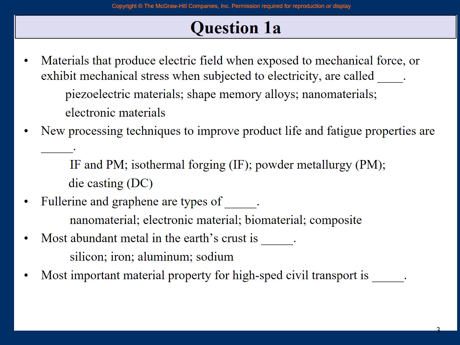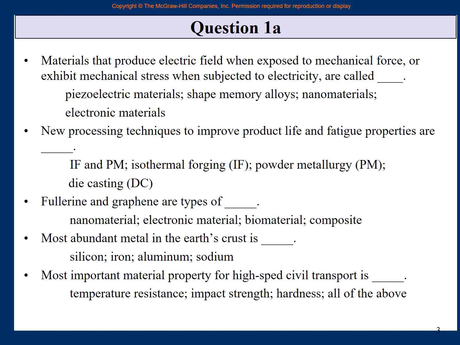Next question, most important material property for high-speed civil transport is what? High-speed civil transport means an aircraft which is a very large one, 300, 400 seats, and we want it to be supersonic, high speed. So temperature resistance, impact strength, hardness, all of the above, right?